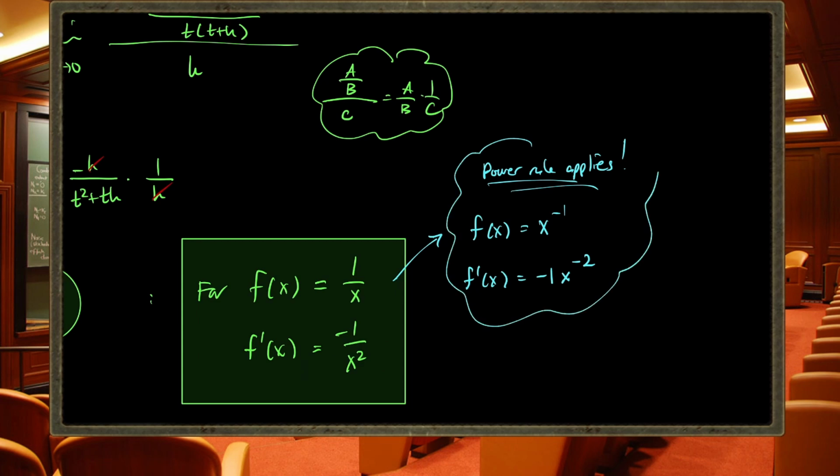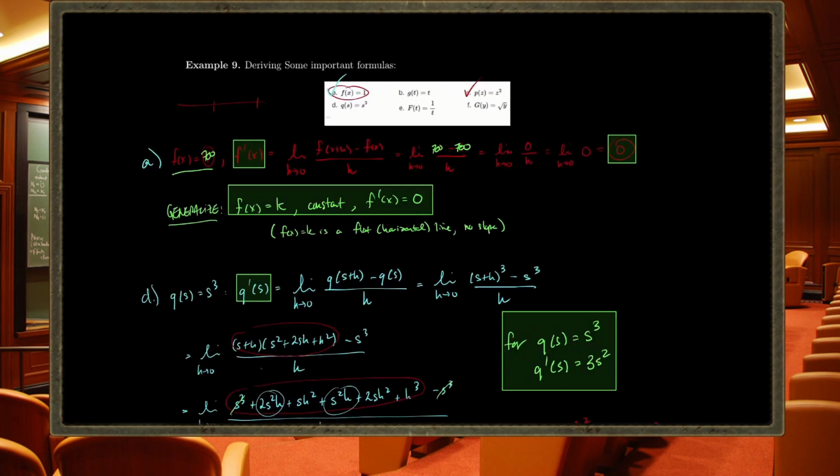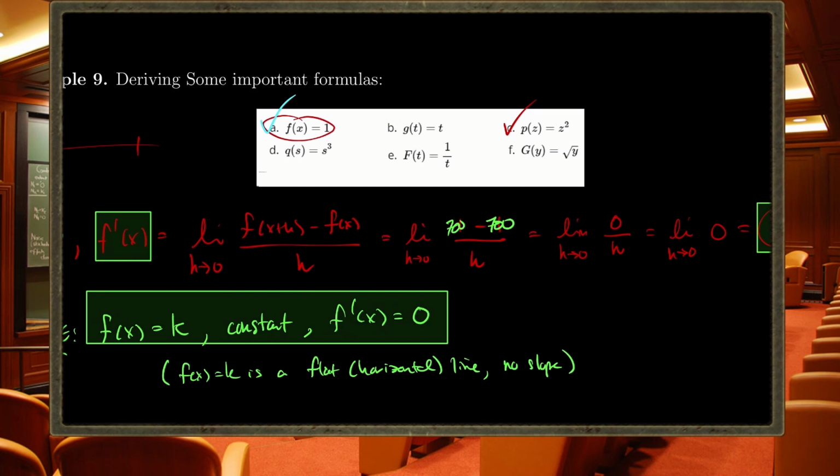All right, so as you go through this, and I encourage you to, so we did that one. I encourage you to do this guy and see that the power rule might apply on both of those as well after you apply the definition of the derivative. Okay, so in summary, some things to remember.